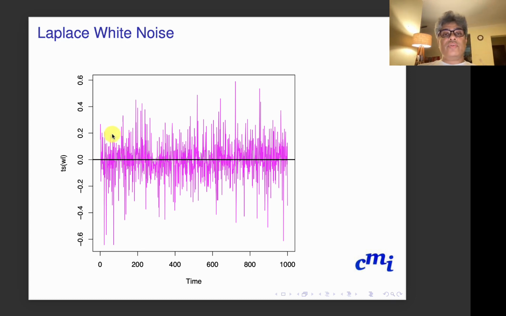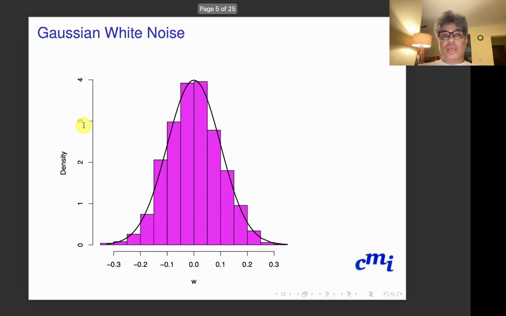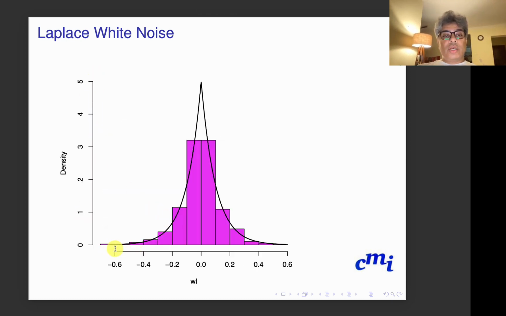The only difference is the scale: for Gaussian white noise it was between minus 0.3 and 0.3, and here it is between minus 0.6 and 0.6. So Laplace distribution tends to produce slightly heavier tails, like very large or very small observations.